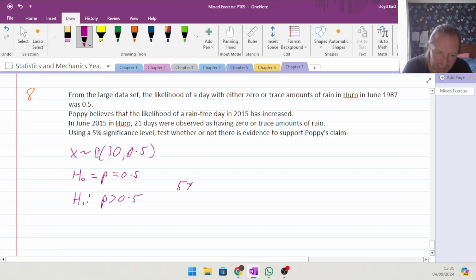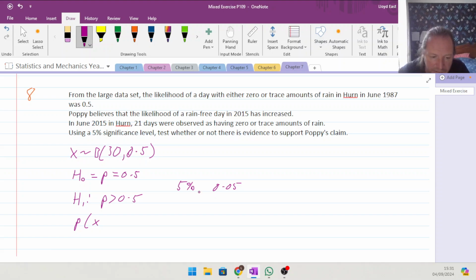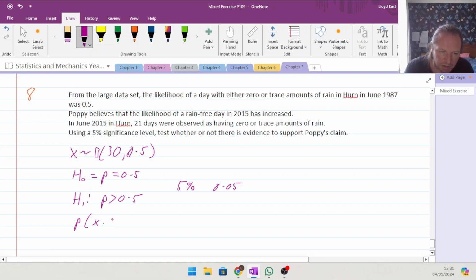One-tailed test, 5% significance, so 0.05, and we need to look at the probability of X being 21 or more. The likelihood of the rain-free days has increased, so X is going to be 21 or more.